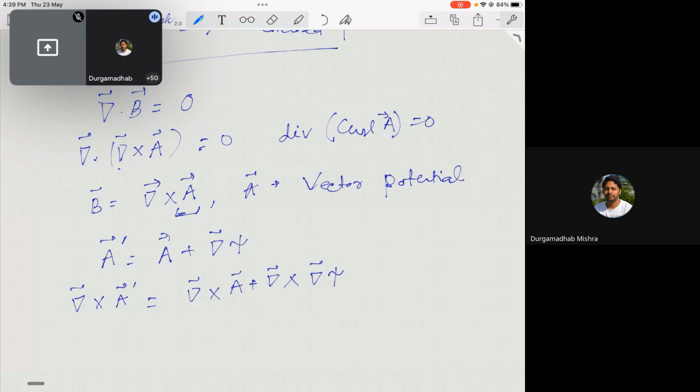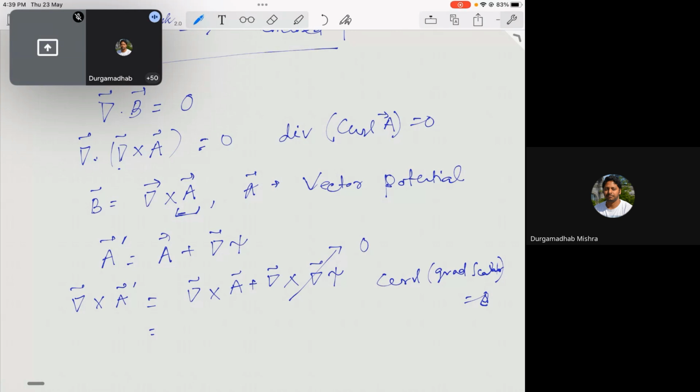So psi is a scalar function. Now if I take the curl of a gradient, this is 0. So this is again another identity that you should always remember: curl of gradient of a scalar is always 0.